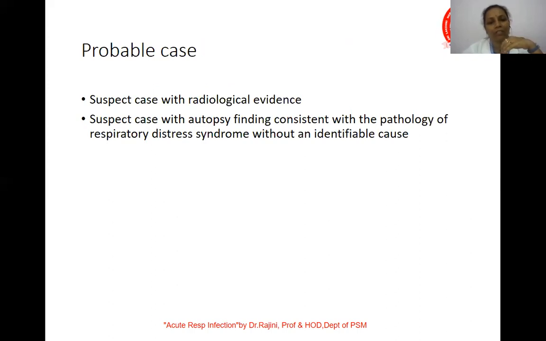If the patient dies and on autopsy there is respiratory distress without any identifiable cause, then we can say it is a probable case of SARS. It has to be notified to the health authority, the area where the patient has been living has to be monitored, and everyone has to be health educated so that they follow all the precautions and control measures.